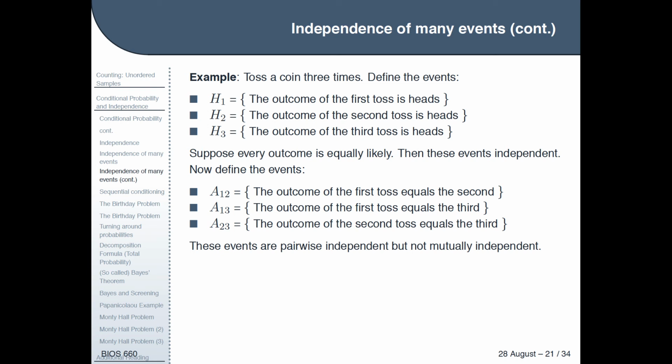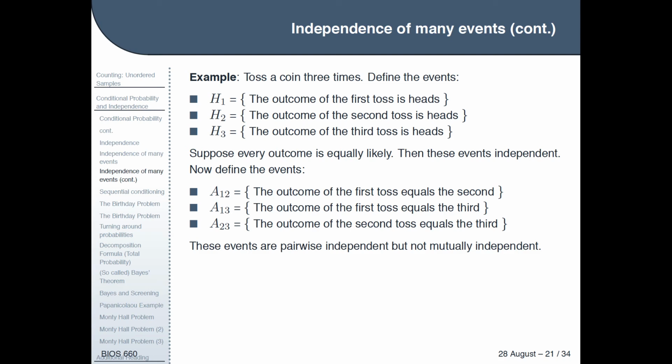then A1,2 and A1,3 would be independent of one another. For example, if the first toss is equal to the second toss, that doesn't tell you anything about whether or not the first toss is equal to the third toss, but the 3 events together are not independent.